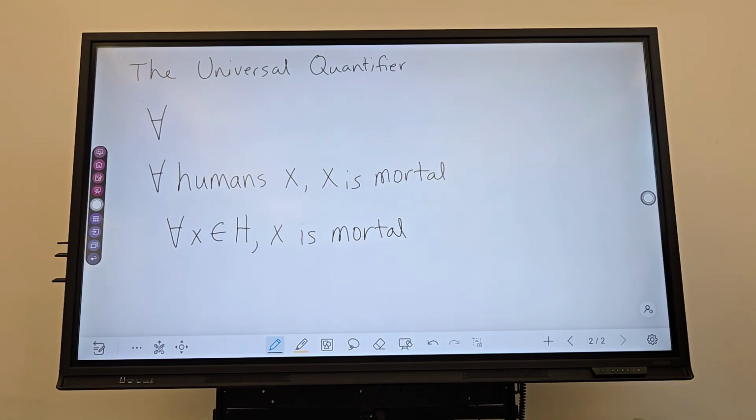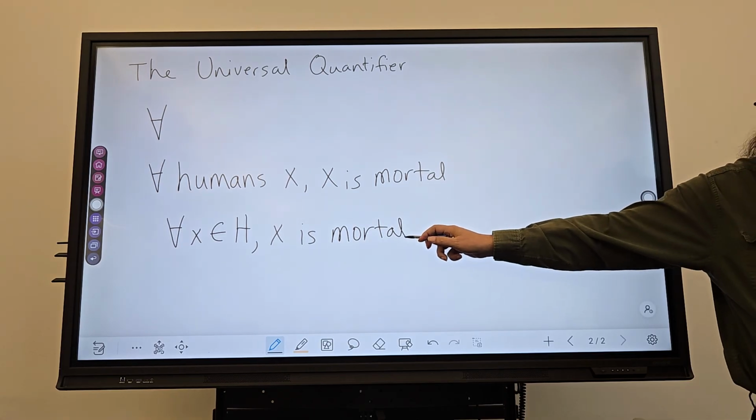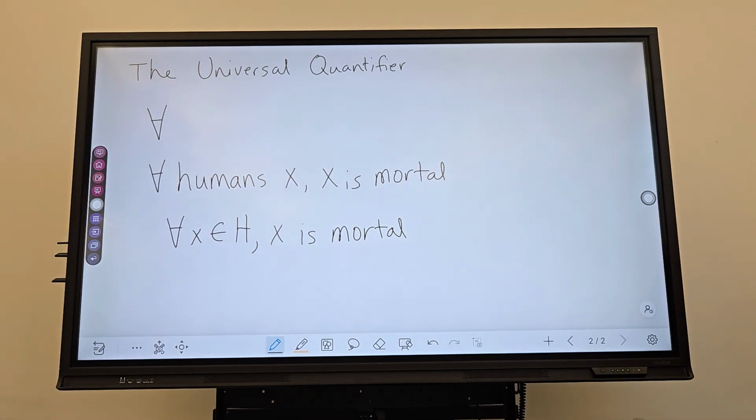Another definition for you. Let Q of x be a predicate and D the domain of x. A universal statement is a statement of the form, for all x element of D, Q of x.